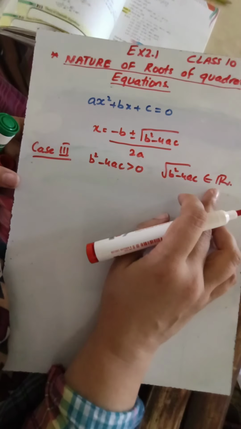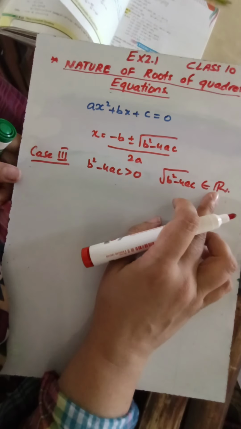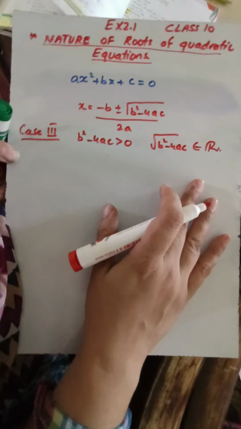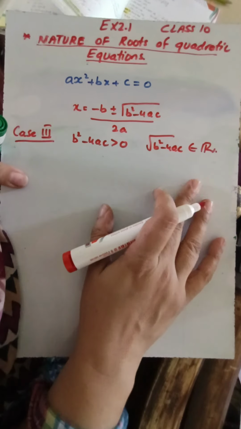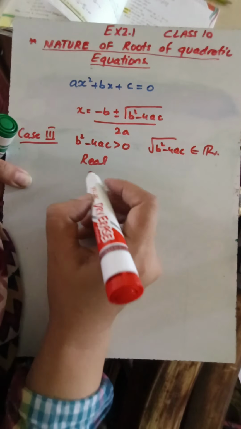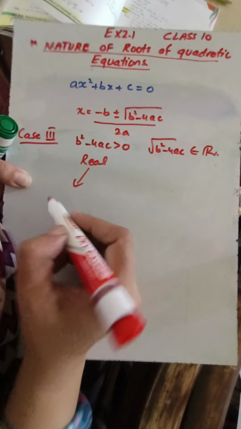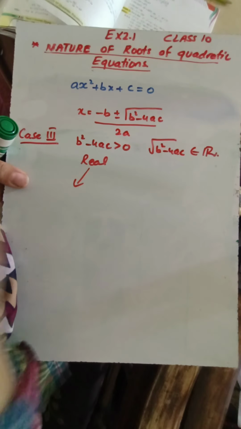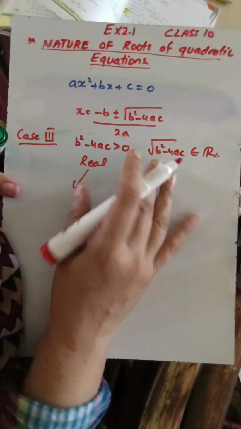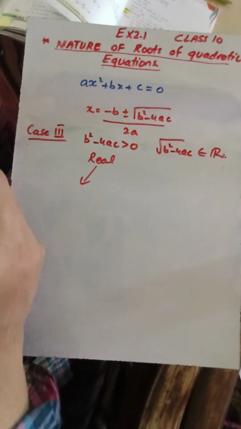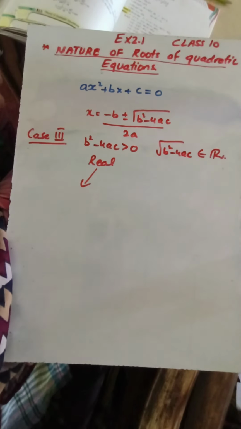Now we know that it is a real number, but in real numbers we have two types of numbers, rational and irrational. The main two subsets of real numbers are rational and irrational. So if the roots are real, then how do we find whether the roots are going to be rational or irrational? For that, the criteria we use is as follows.